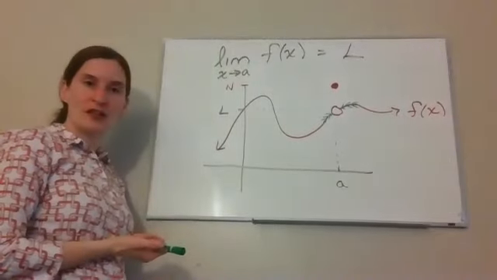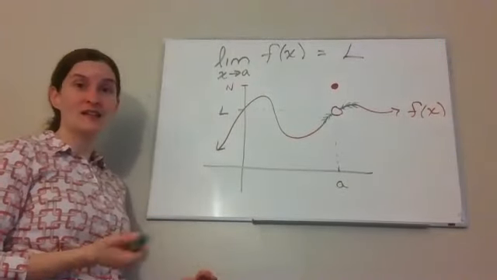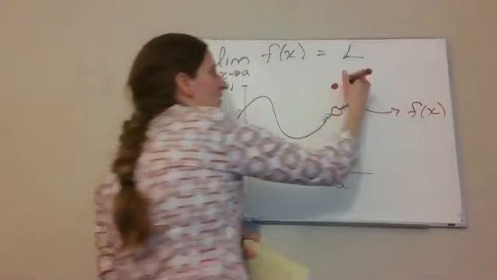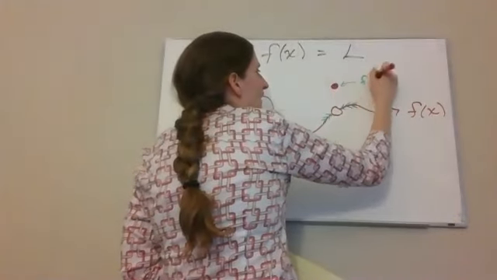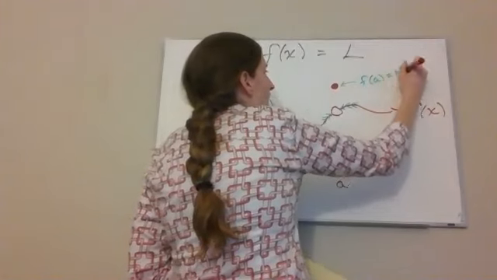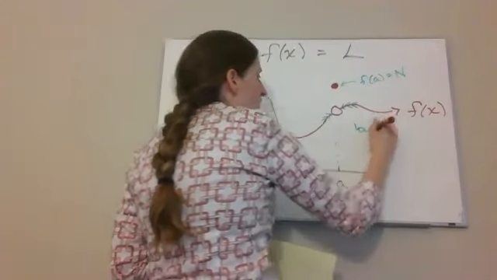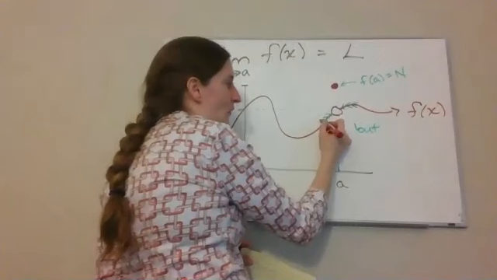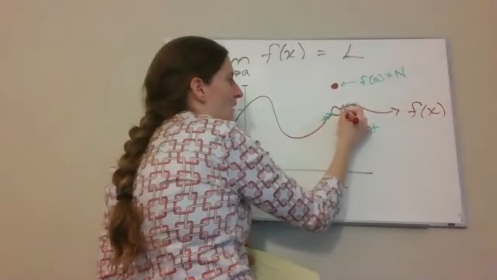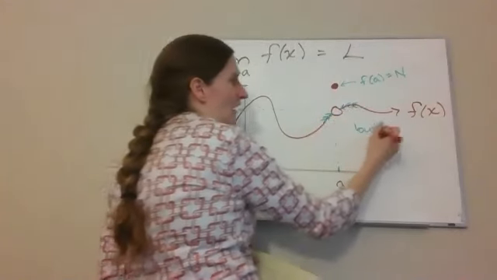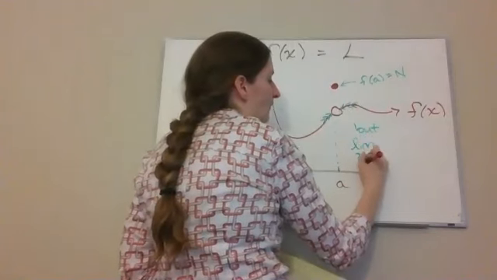So on this particular function, f of A is defined now. Right here, f of A is equal to n, but when I approach A from both sides, it looks like my function's behavior is getting closer and closer to L.